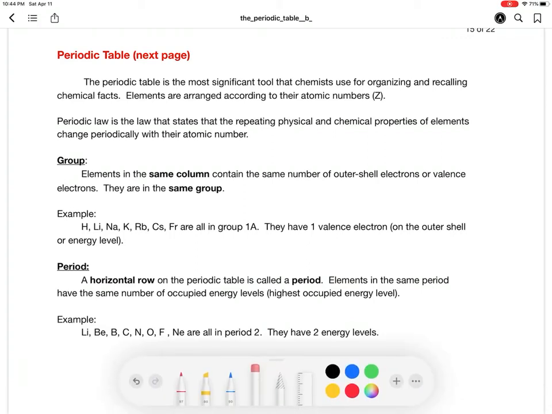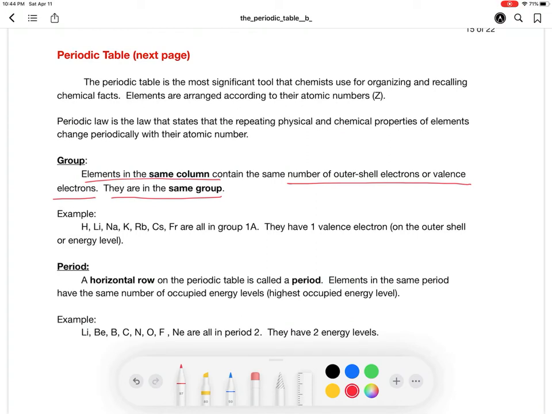Okay, so the periodic table is usually arranged according to the atomic number. It has columns and rows. The elements in the same column have the same number of valence electrons, so they are elements of the same group.